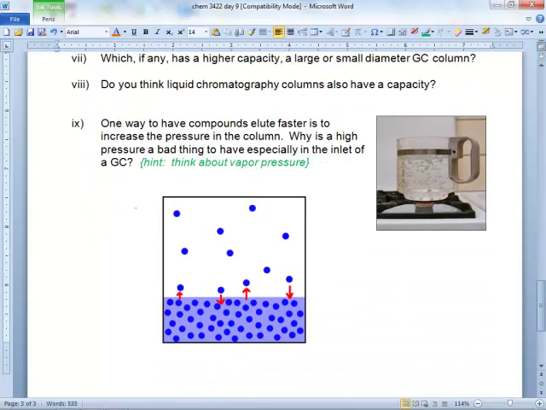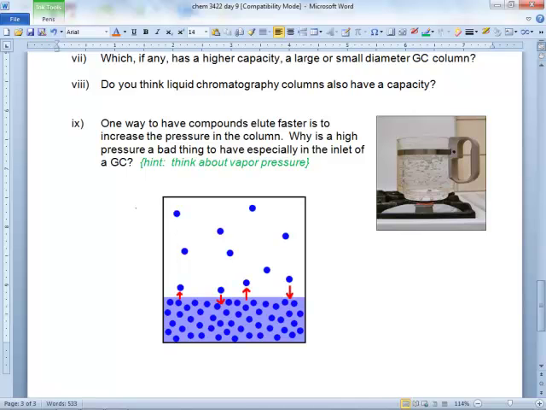All right, our last one, and you've got 3 minutes to figure this out. One way to have compounds elute faster is to increase the pressure in the column. Because remember, time is money, so get that stuff out of there.